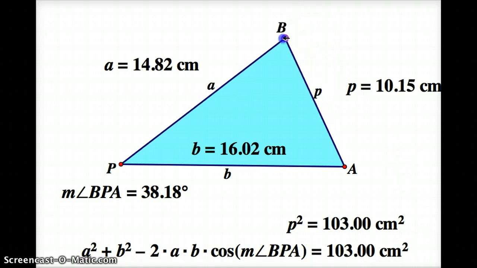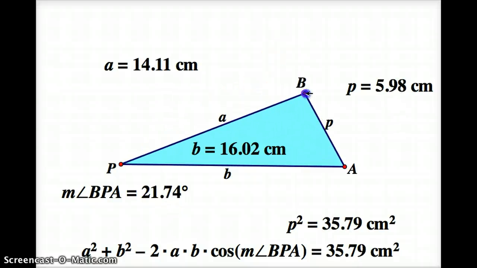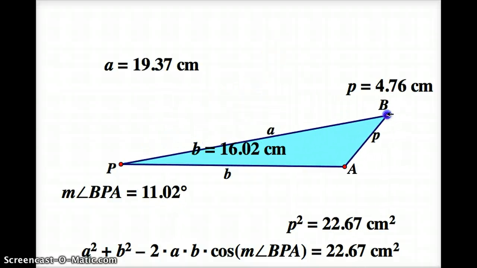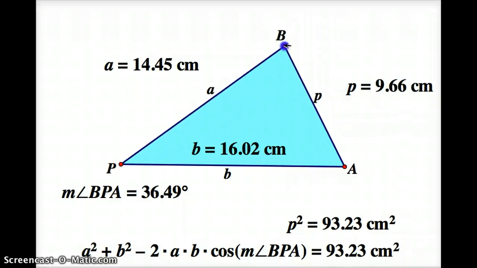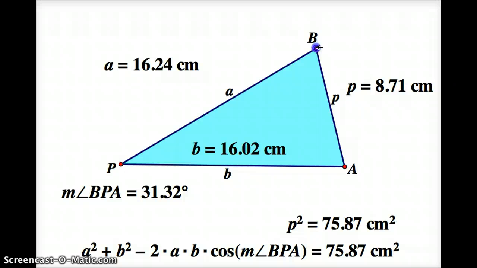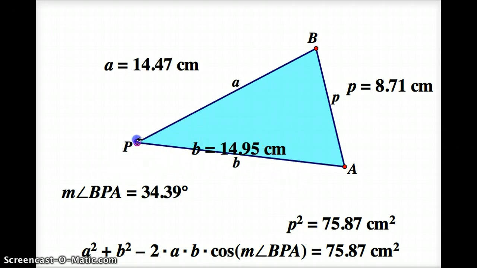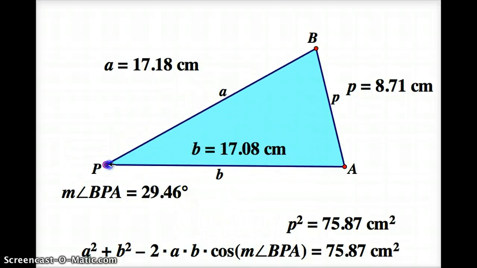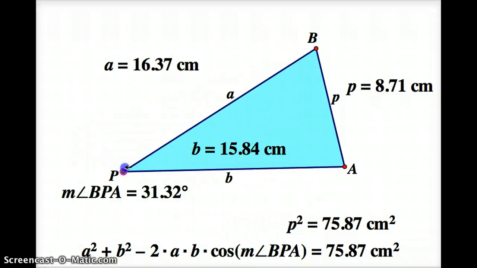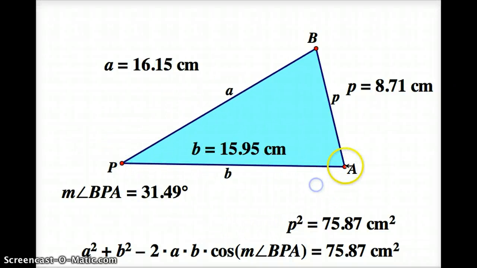And that works no matter which way I move this triangle around. If you notice, the numbers at the bottom still remain the same. That is very, very interesting. Also, it doesn't matter what vertex I move. Now, what if I move this vertex?